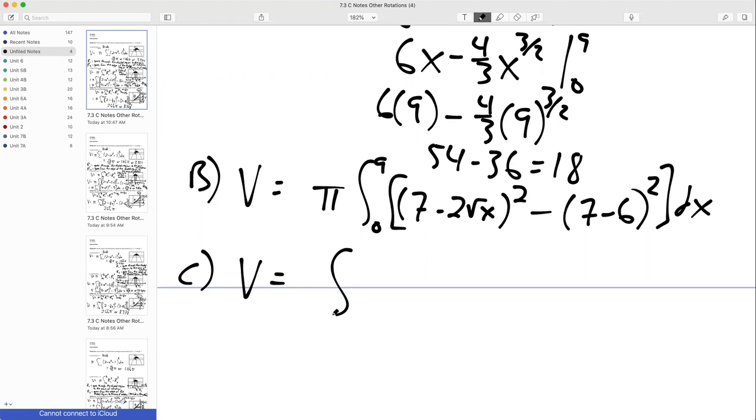Therefore, I need y bounds, so 0 to 6. And I'm going to be integrating my expression for the area of the cross section, which is 3b squared. So I need to find b.